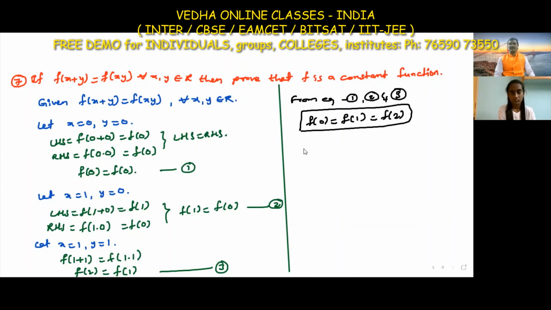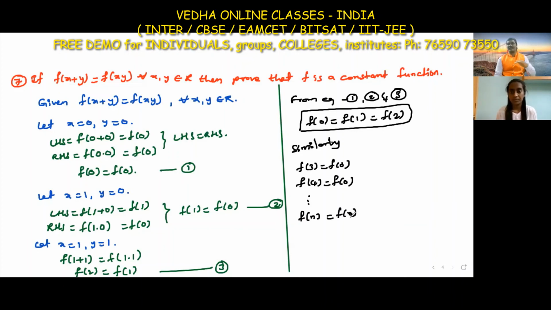Similarly we can prove f(3) equals f(0) and f(4) equals f(0). Like this, f(n) is also equal to f(0).